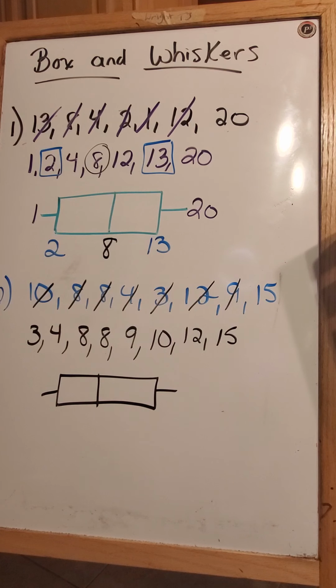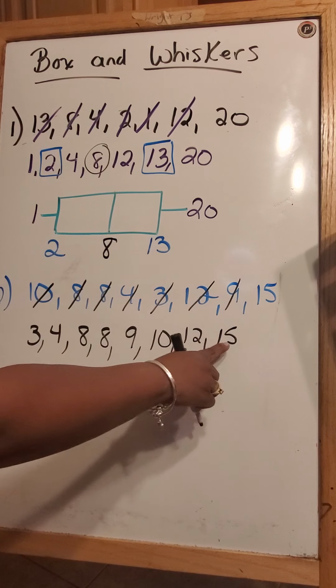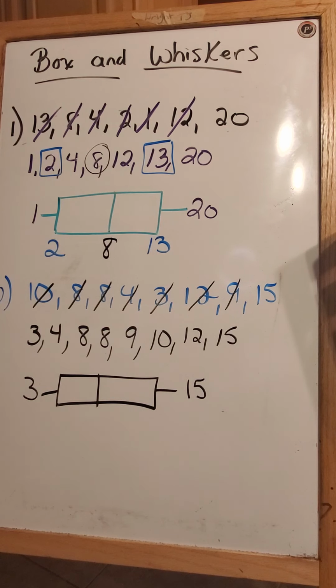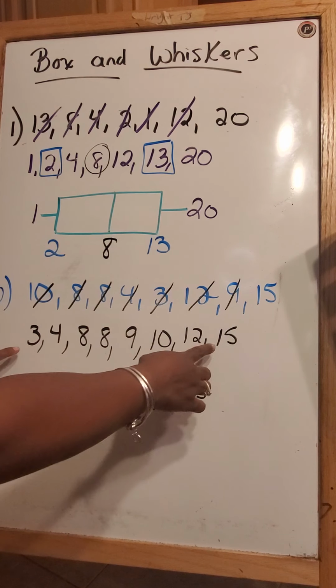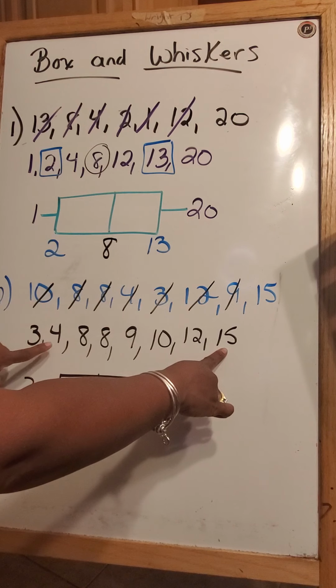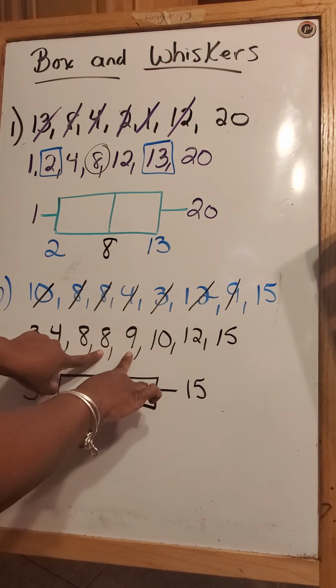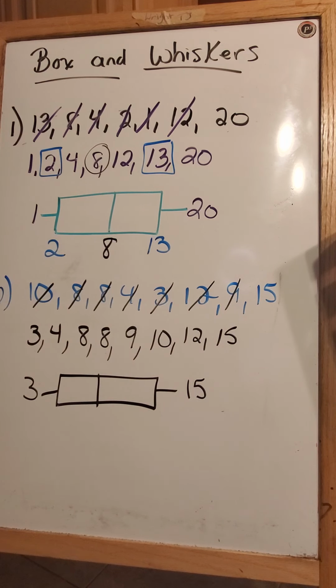So, our Q1 is 3 because it's our smallest. Q5 is 15 because it's our biggest. Okay? Again, those are understood. So now that we have an even number, we have to figure out our median. So, start on the outside like we did before. Work our way in. And then we see that these two are in the middle, 8 and 9.